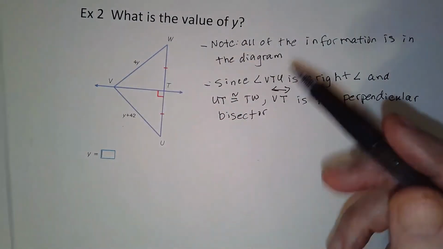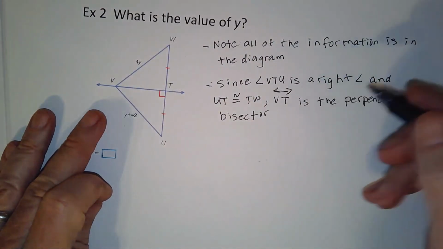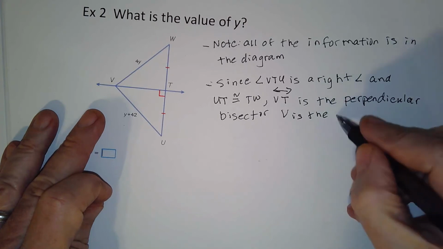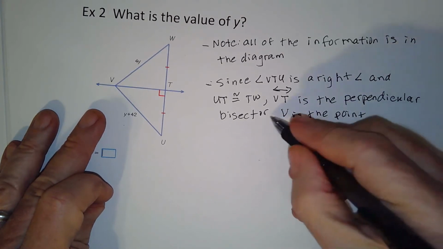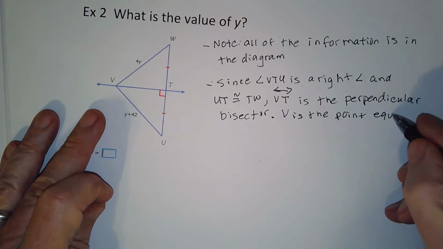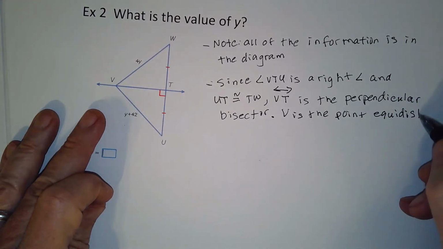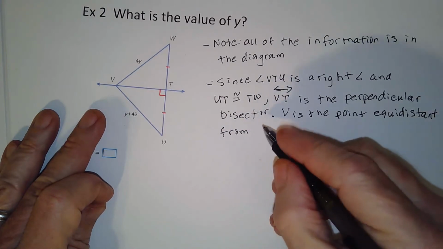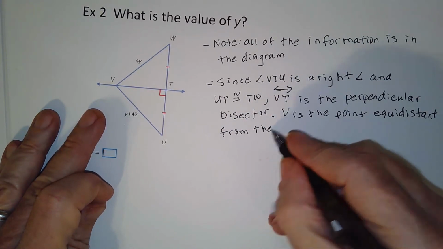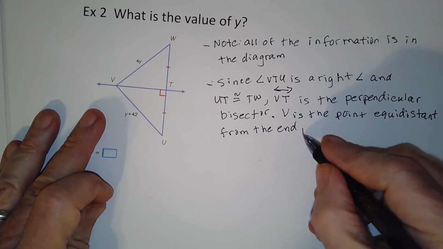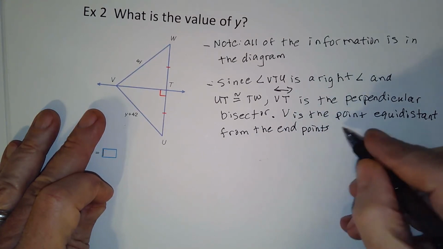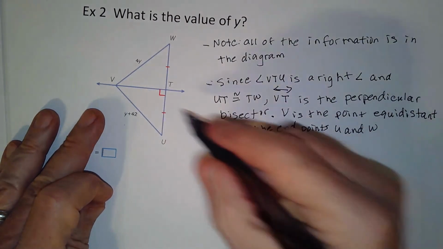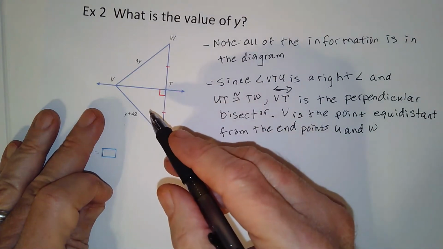V here is the point equidistant from the endpoints U and W. So as a result, we've got this equidistance here.